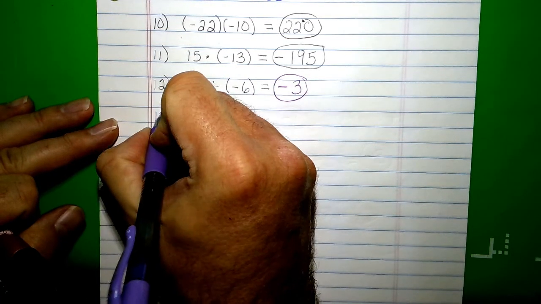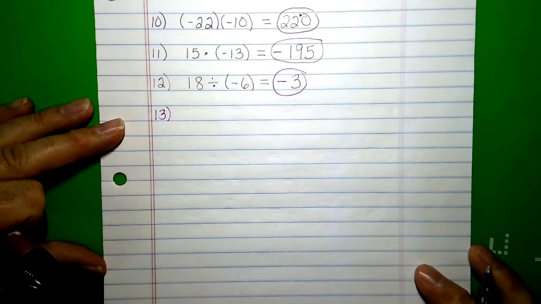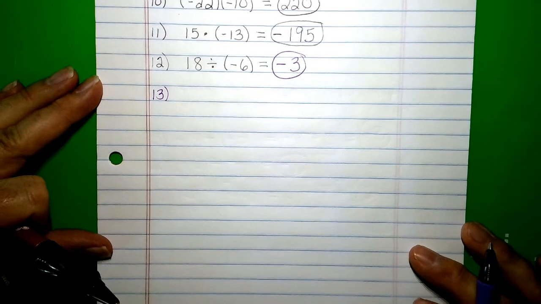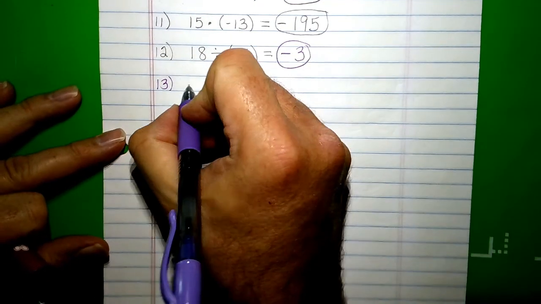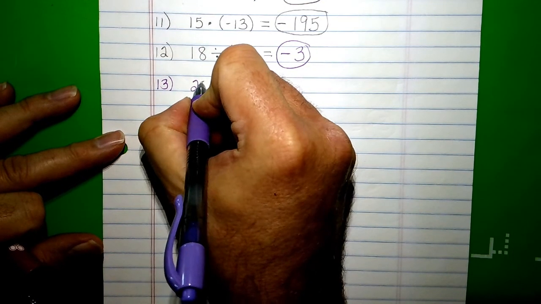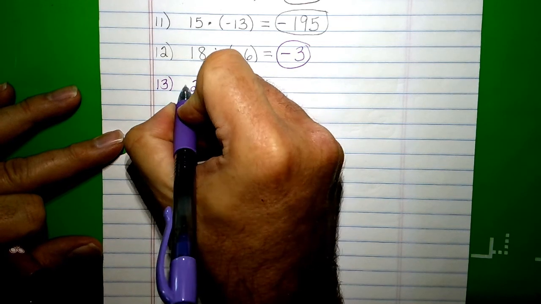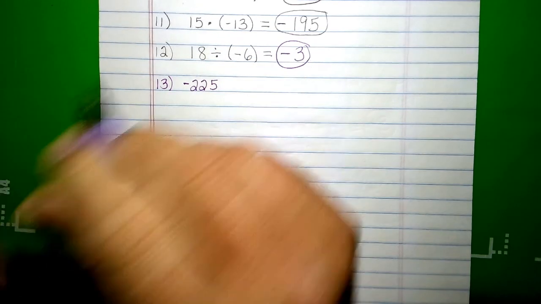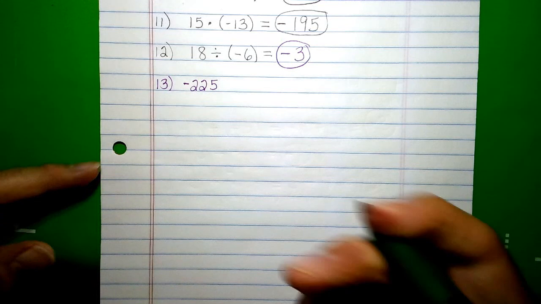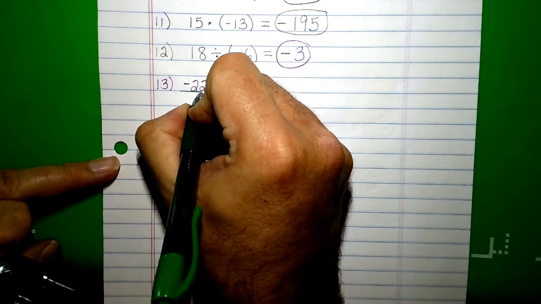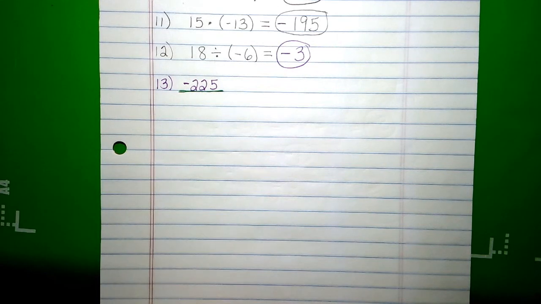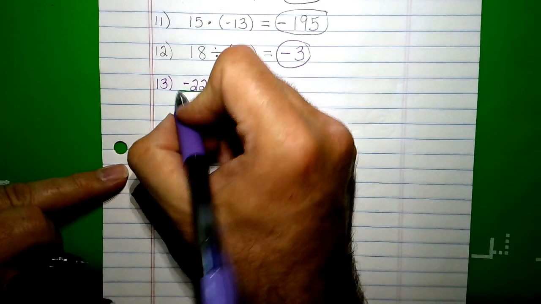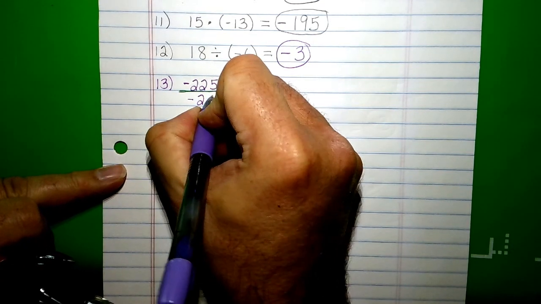Let's see, what about this one? Let's get something pretty big. Negative 225 divided by, look, I'm writing the division as a fraction bar, divided by negative 25.